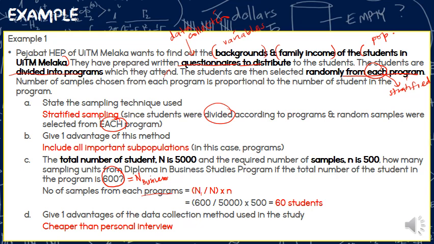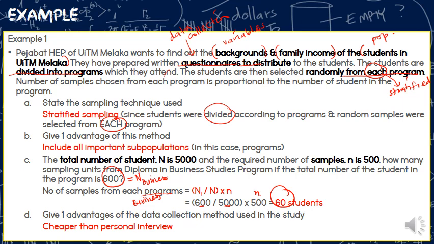Program sini yang saya tengah kira ni adalah business studies. Dalam program tu ada 600 orang. The whole population 5,000. So ratio dia 600 bahagi 5,000. Darab dengan 500. 500 ini adalah bilangan sampel yang awak nak. So awak perlu pilih, okay, randomly select 60 students from diploma in business study.